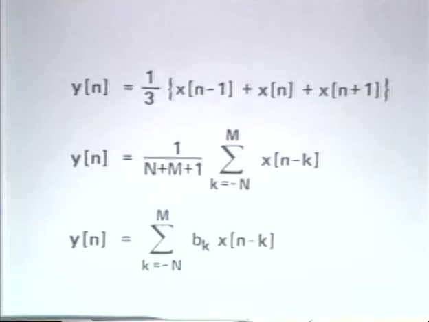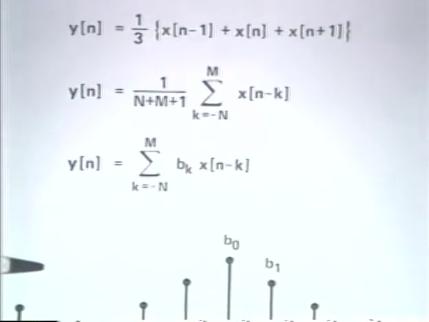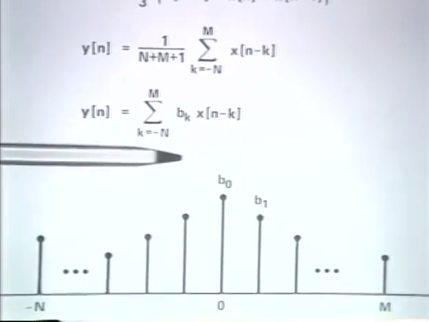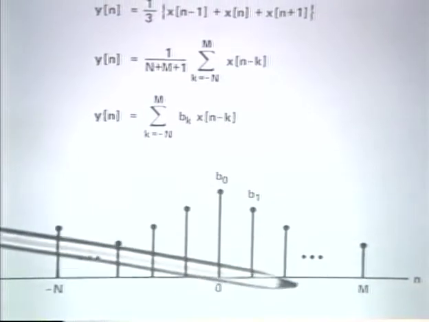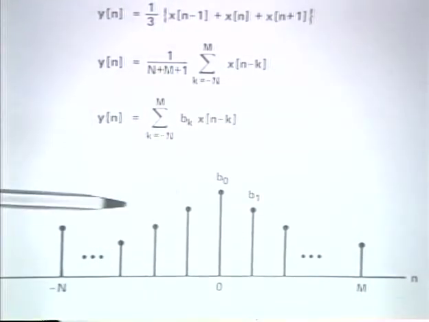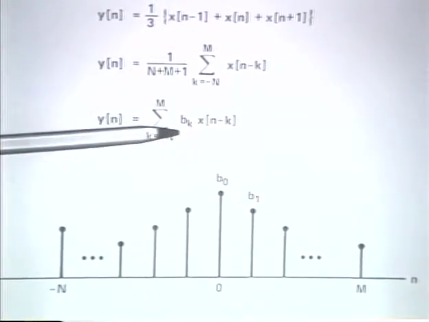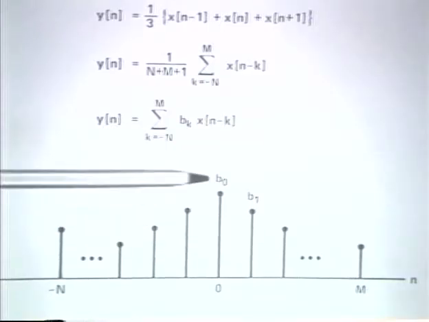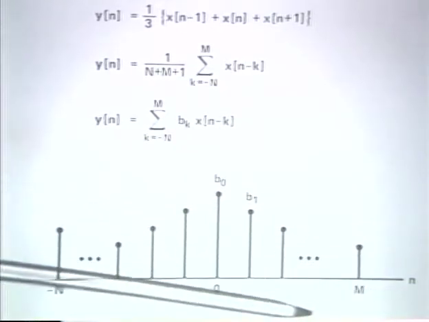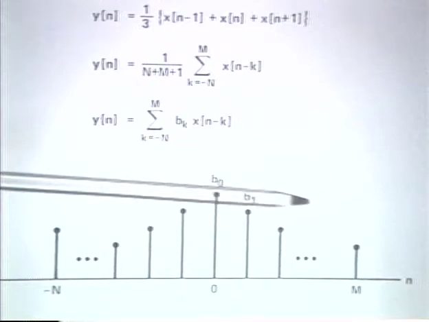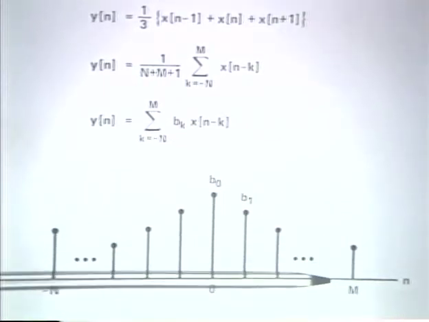And I show below one possible kind of curve that might result where these would be essentially the weights associated with this weighted moving average. And in fact, it's easy to verify that this indeed corresponds to the impulse response of the filter.